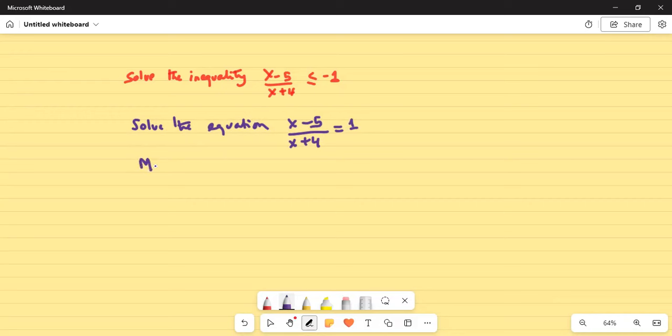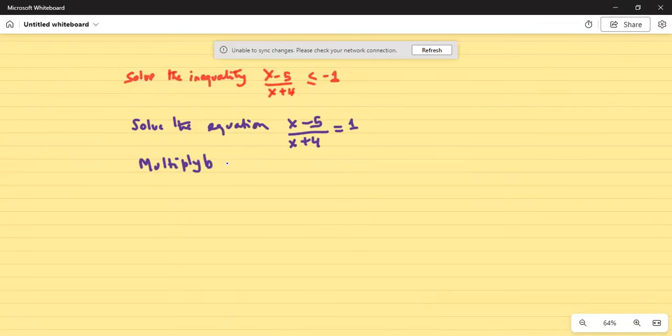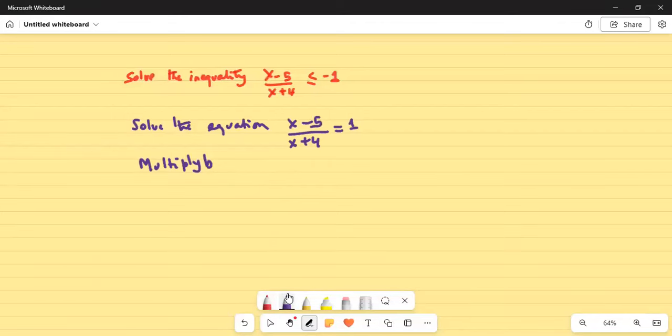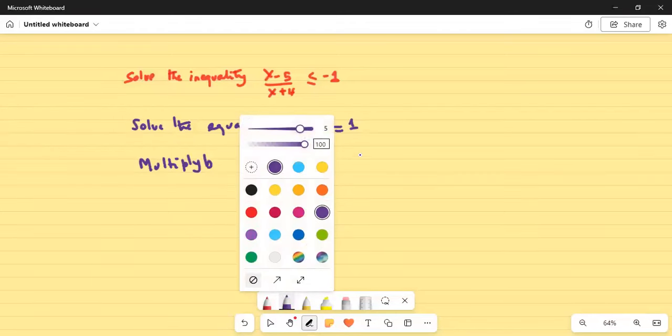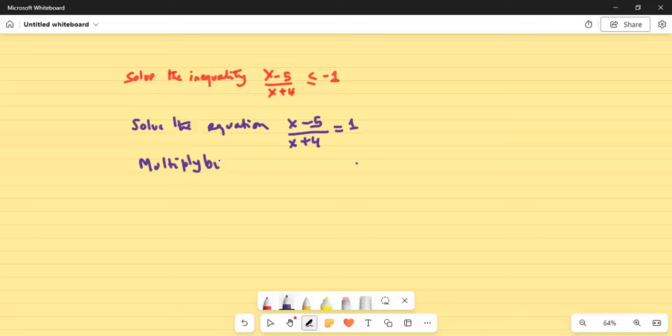Multiply the term in the denominator on both sides, by x + 4 on both sides.